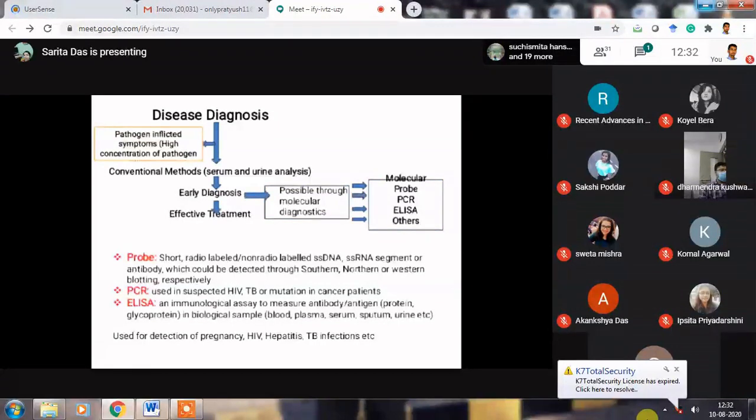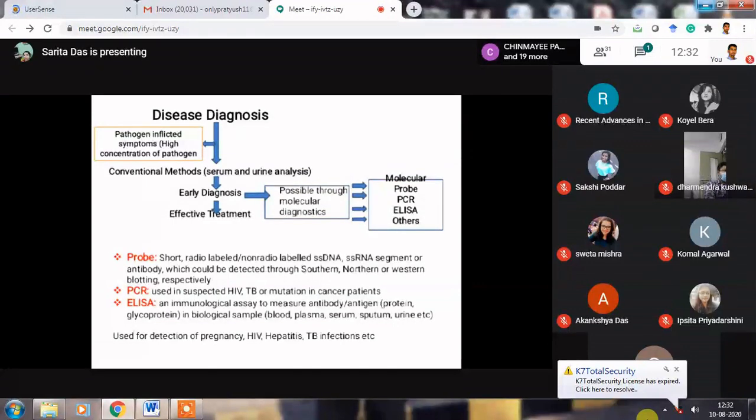Here I will use two terminologies: prognosis and diagnosis. Prognosis means detecting in advance whether a person is under threat of developing a certain disease. And diagnosis is detecting after a person has a disease.